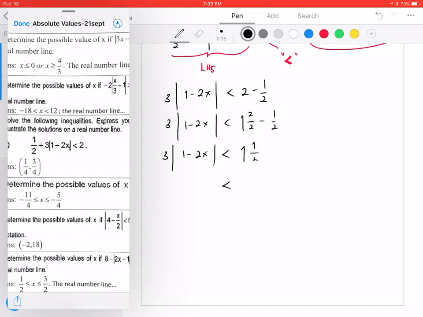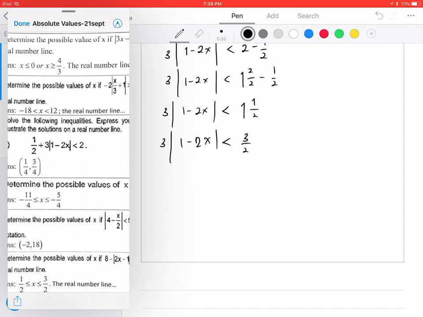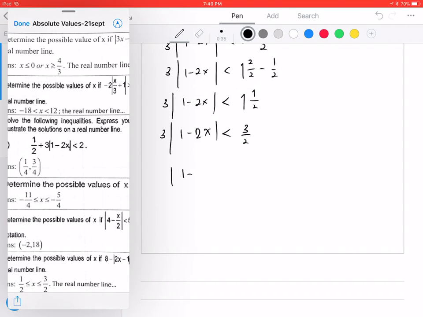Now you change it back into an improper fraction: 2 multiply with 1, 2 plus 1, 3/2. So 3 modulus 1 minus 2x is less than 3/2. Then we need to get rid of this 3 simply by dividing both sides by 3. So you are finally left with modulus 1 minus 2x. 3/2 divided by 3, you get 3/6.